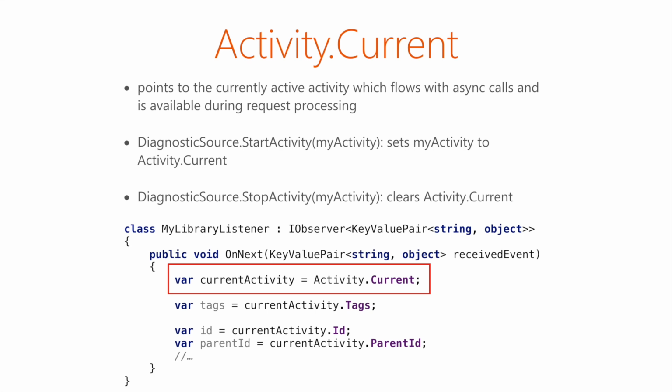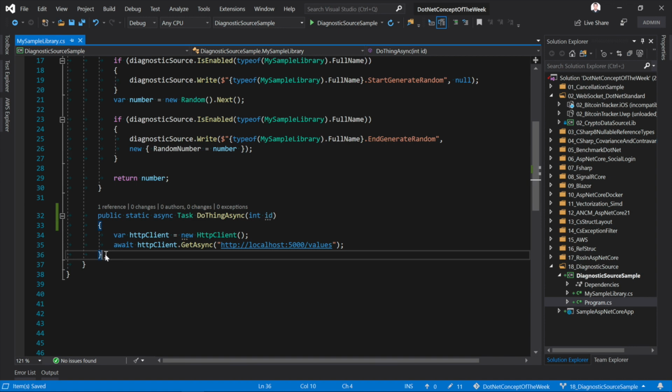One cool use case is, for example, using it in the OnNext method on the listener side, as you can see it here on the slide. So everything you put into the tag and baggage properties is of course available to components that listen to your diagnostic source events. Now let's jump into Visual Studio and write some code using the Activity class.